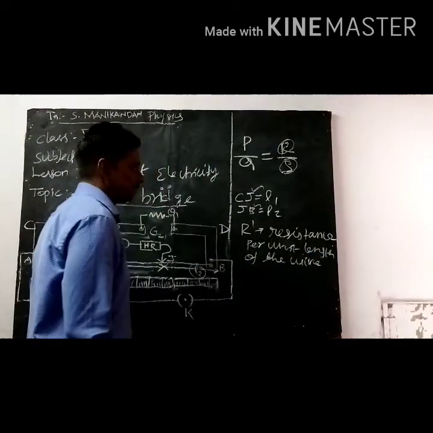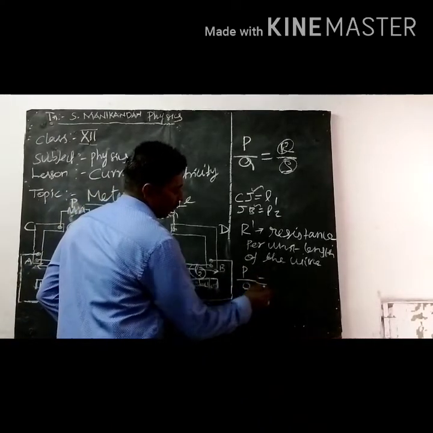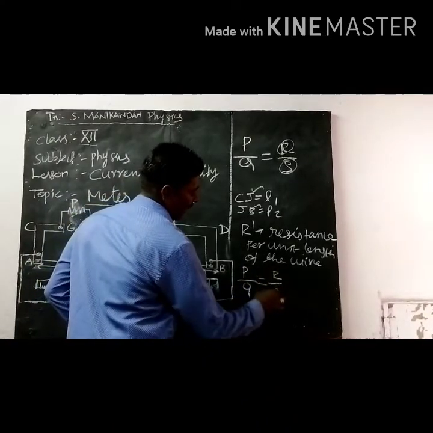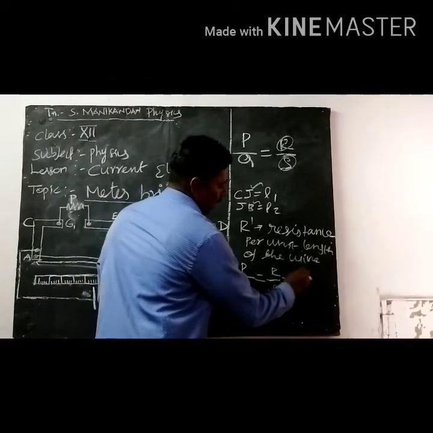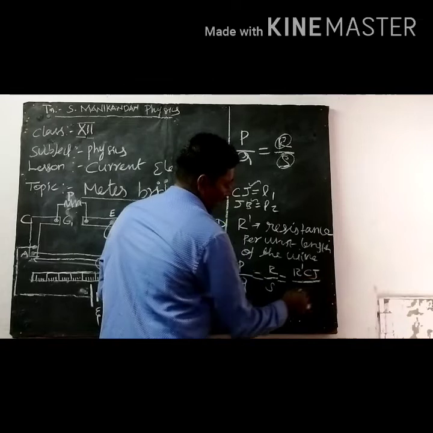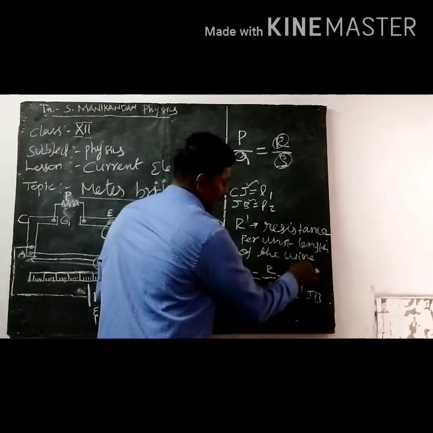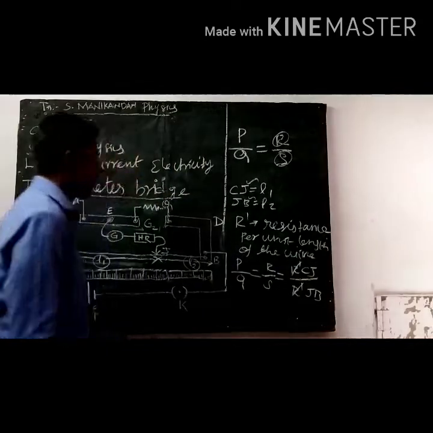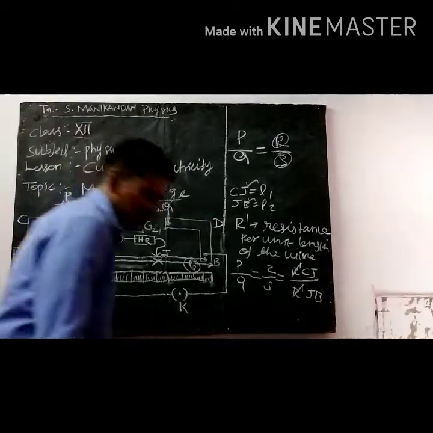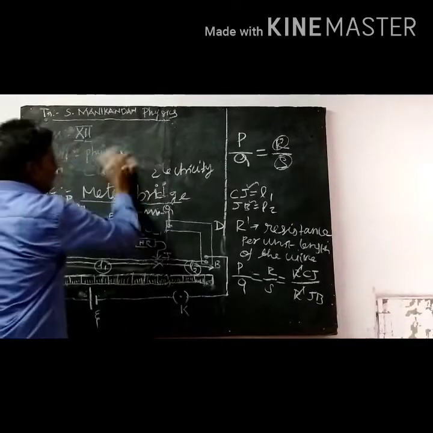Now we can replace it. P by Q is equal to R by S is equal to R dash CJ by R dash JB. R dash cancelled.